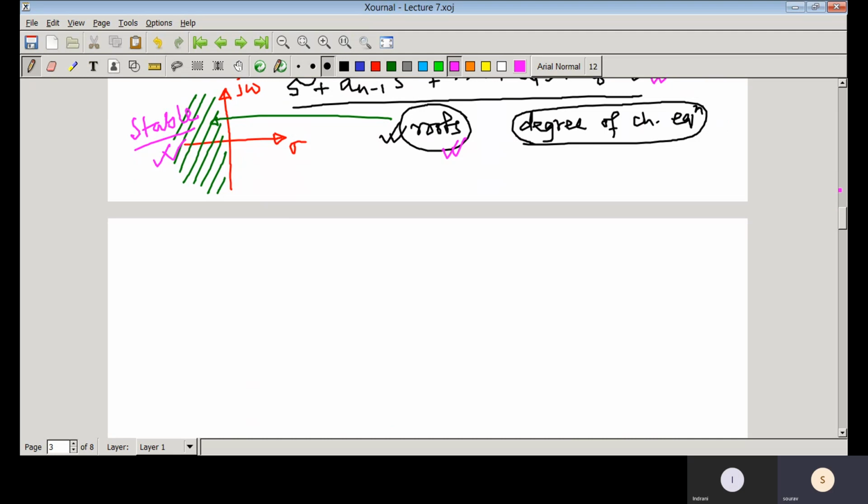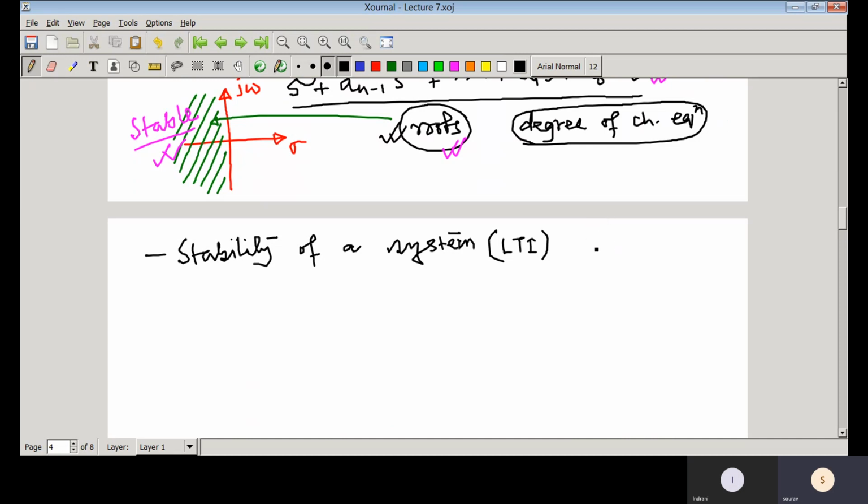So let us write these two important pieces of information. First, stability of a system. System here means an LTI system, linear time invariant system, because we are talking about the transfer function, which, as we have discussed, is only applicable to linear time invariant systems.